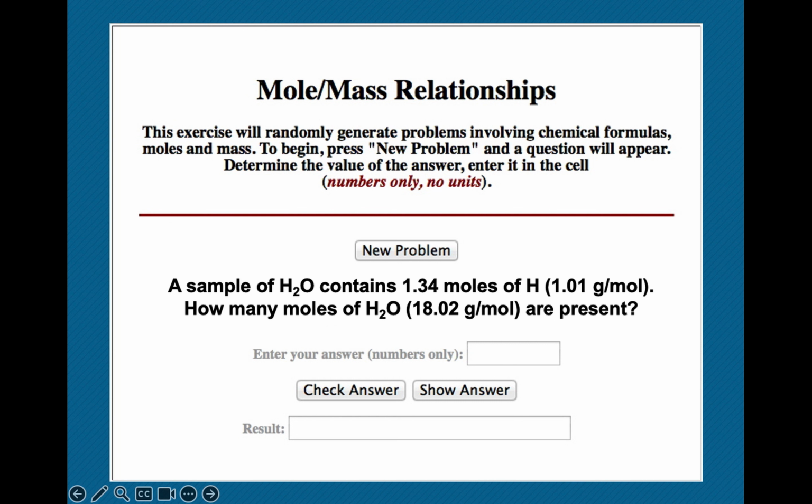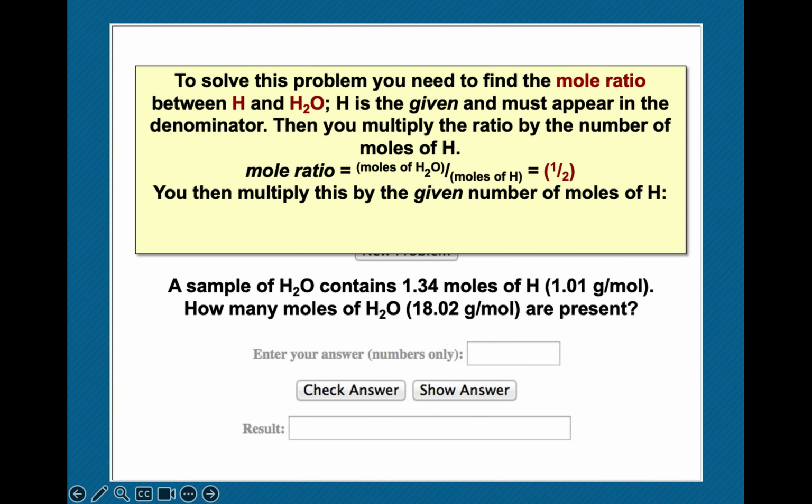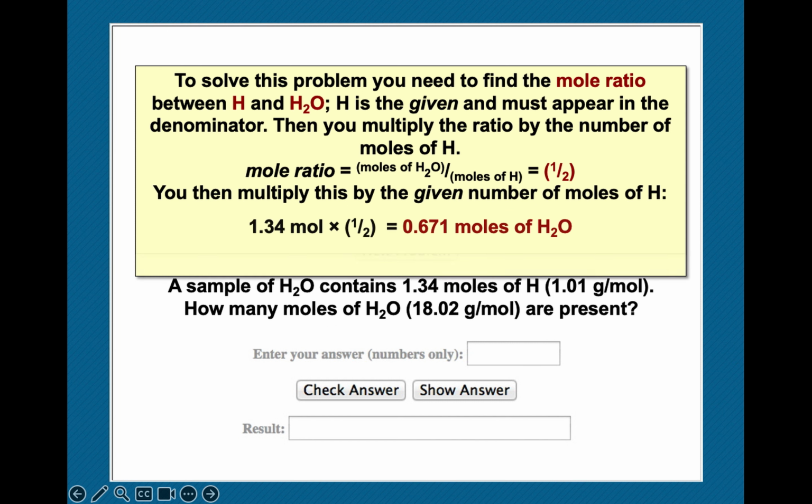For every mole of water, we have 2 moles of hydrogen. The ratio is 1/2, 1/2. Simply take our given, multiply it by our ratio, and we get 0.671. Any questions?